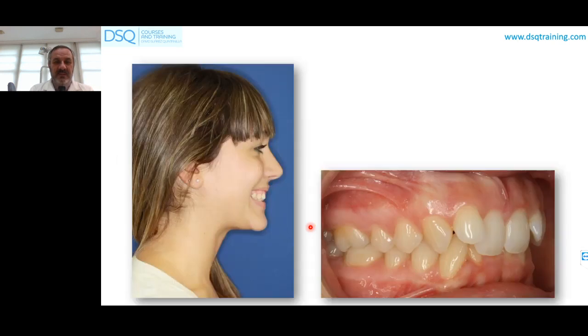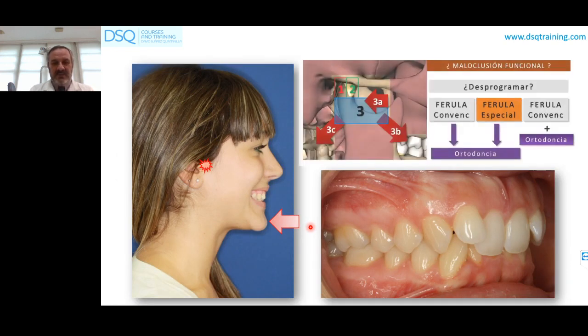For this reason, I prefer to check the patient in centric relationship, and we decide maybe to put in a splint. The ideal treatment is the orthodontic treatment.